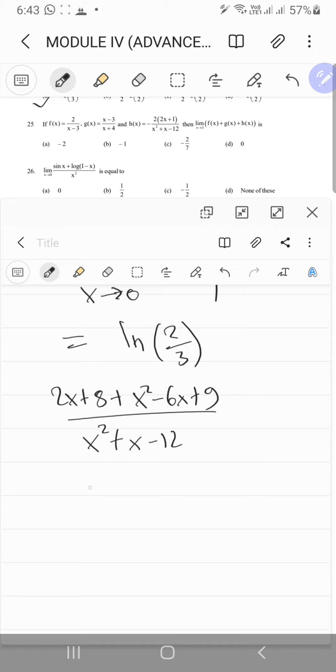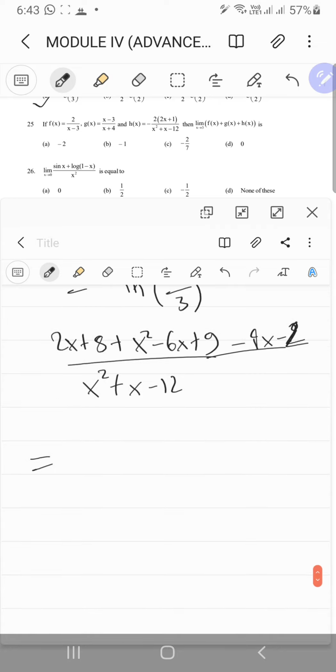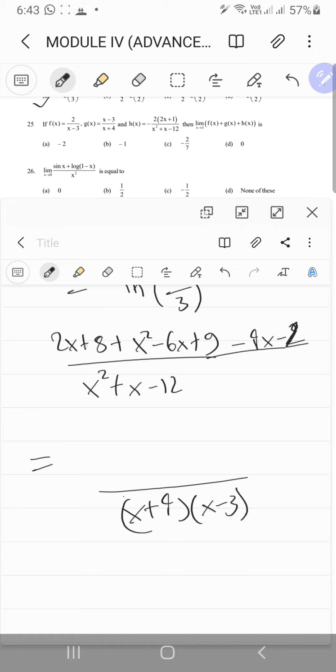And then you have to do this thing, minus of 2, sorry. So this thing, actually just write it as x plus 4 into x minus 3. That's much better. So this is going to be x squared, and this is as x tends to 3.